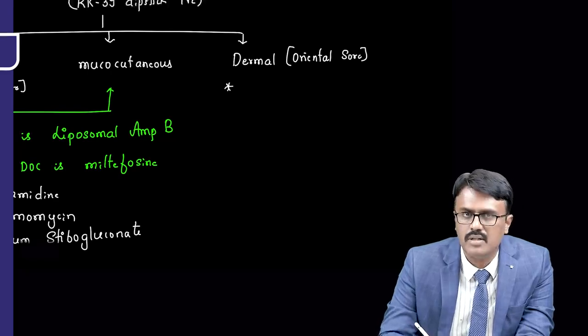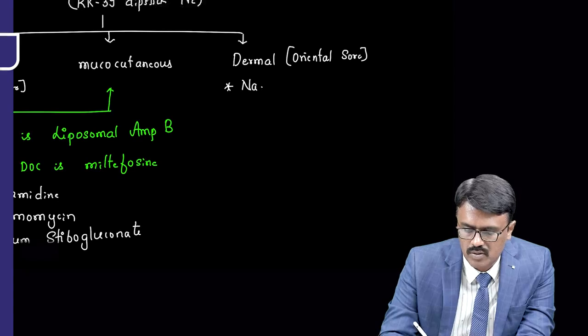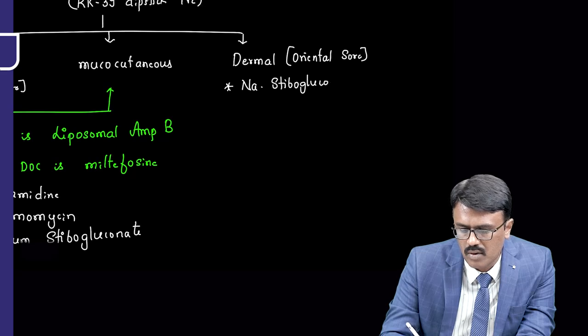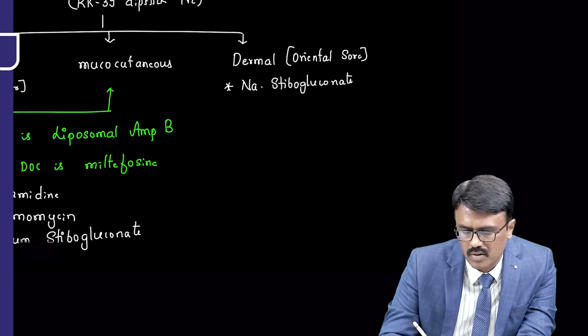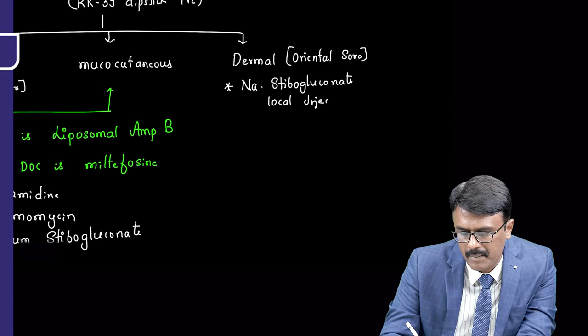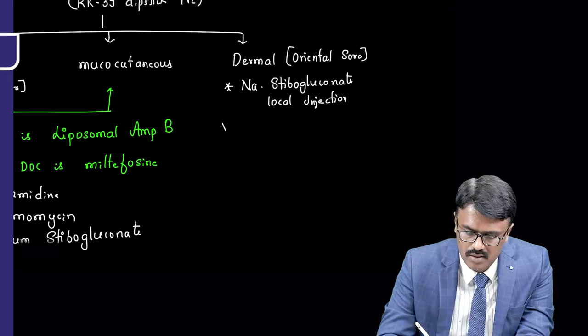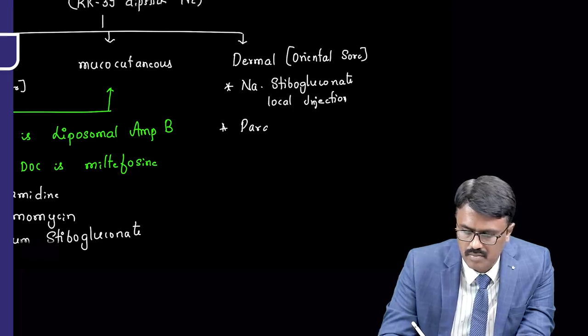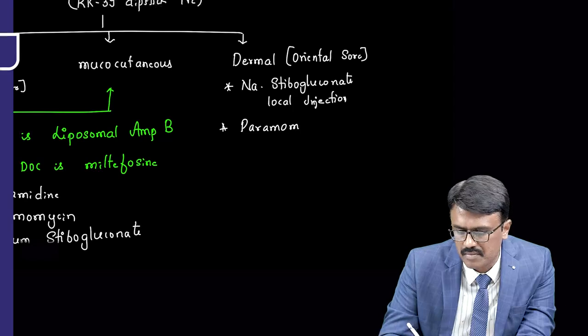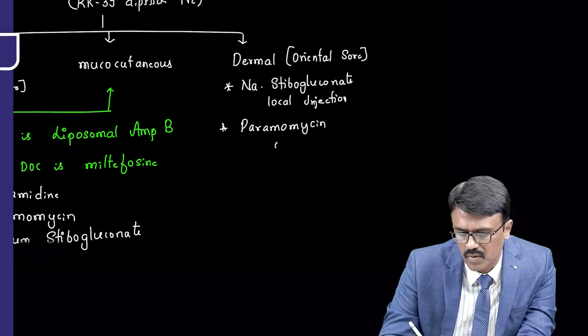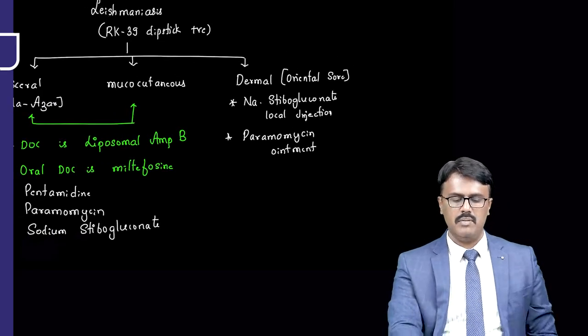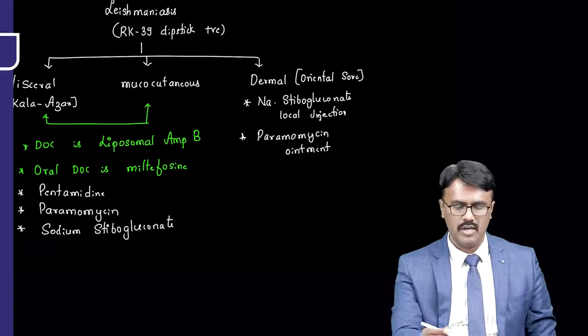For that, we can give sodium stibogluconate local injection, or we can give paromomycin ointment. So this is what we mainly give for leishmaniasis.